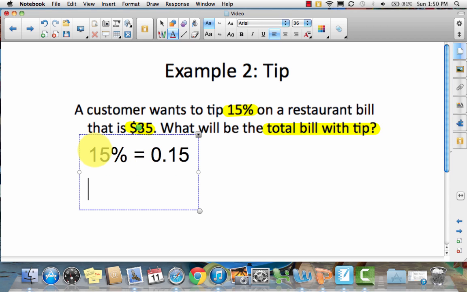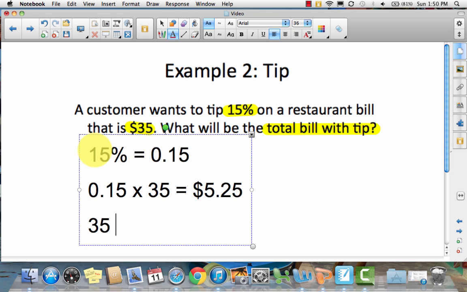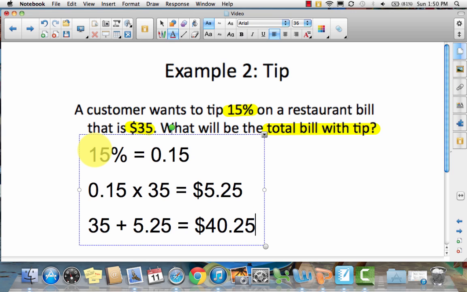Now I take that decimal, 0.15, and multiply it by the price of the food bill, $35. And I find out that my tip should be $5.25. So the total would be the amount of money for the food plus the amount of money for the tip, which means I would leave $40.25 on the table.